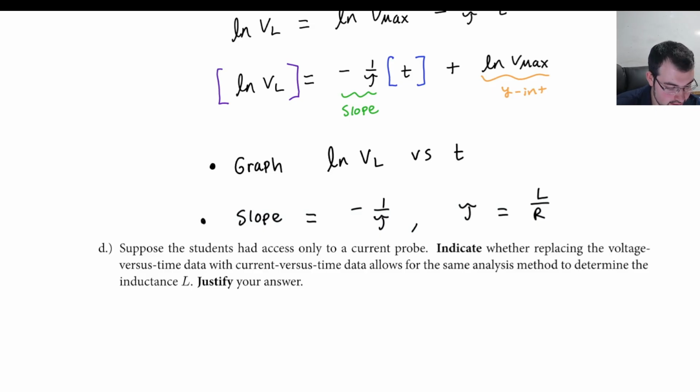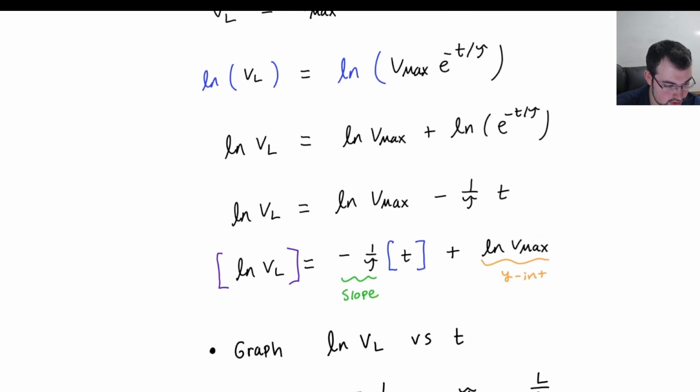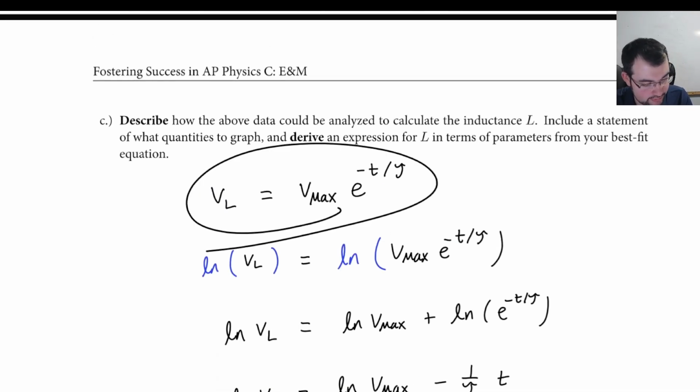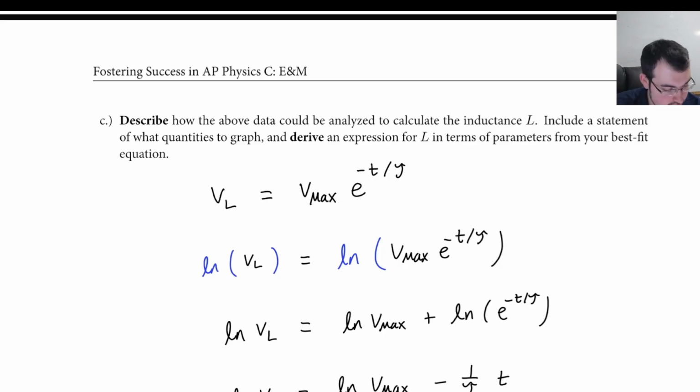All right, suppose instead we only had access to a current probe. If we used a current probe instead of a voltage probe, does this above process still work? Well, again, the key to making it work was the parent function. So let's think about it.